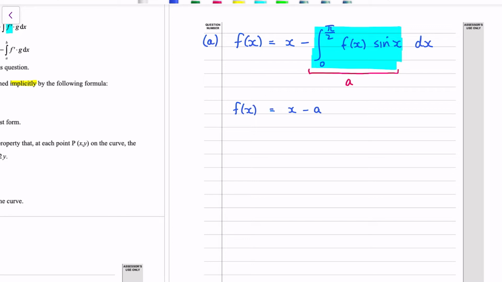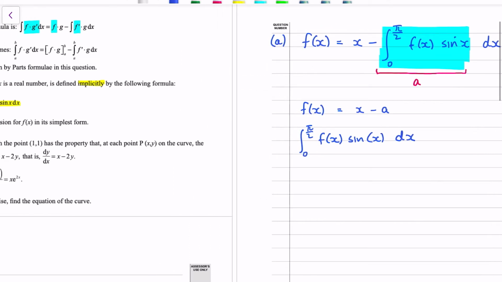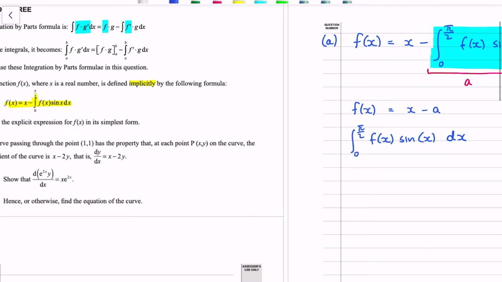Okay, so just looking at the stuff in blue, the integral between 0 and pi over 2 of f of x times sine of x. When you use integration by parts, you try and make the right-hand integral an easier integral to find.